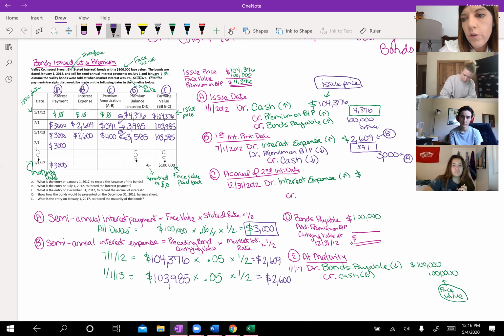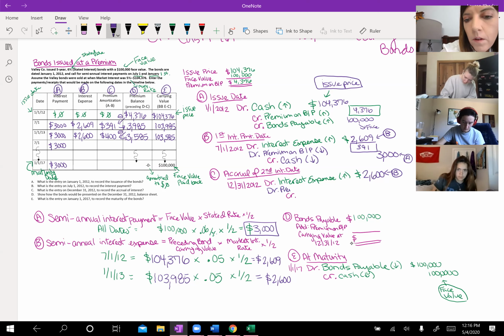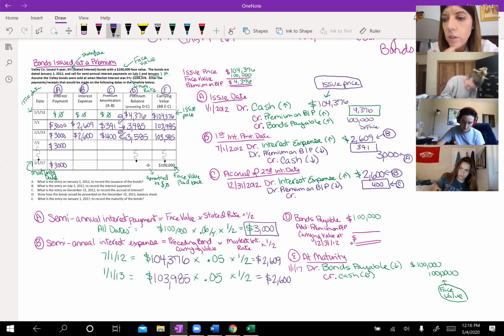So on December 31st, 2012, we're going to debit interest expense for 2,600, column B. We're going to debit premium on bonds payable, reducing the premium balance, for $400 from column C. And what am I going to credit? Am I going to pay interest today? I pay interest tomorrow. So I'm going to credit, as of December 31st, it's owed, interest payable. Interest payable. Yep.